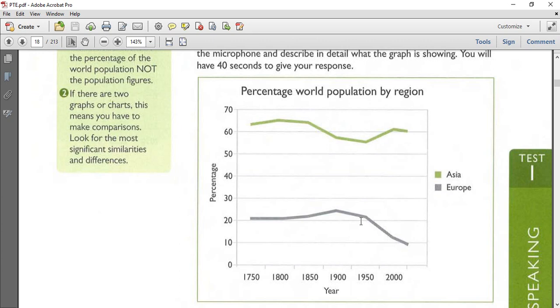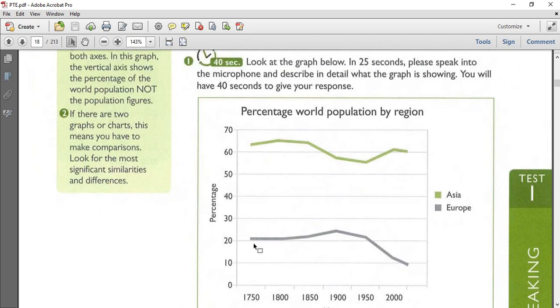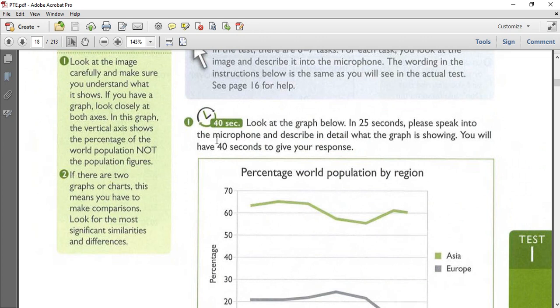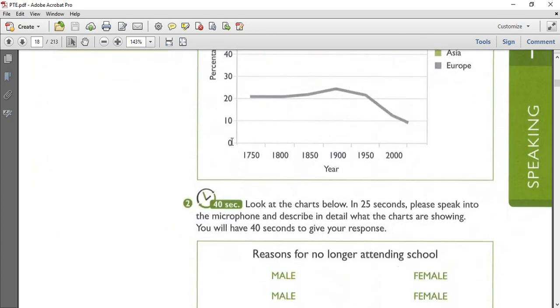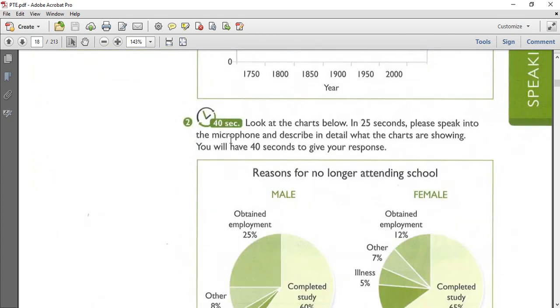If you are not sure what graphs you are going to see, you can do a Google search, for example graph in PTE exam, or table, graph or diagram in IELTS. I think that would work fine if you do some research. There are many graphs that you can practice from.